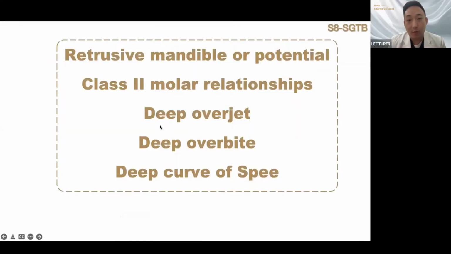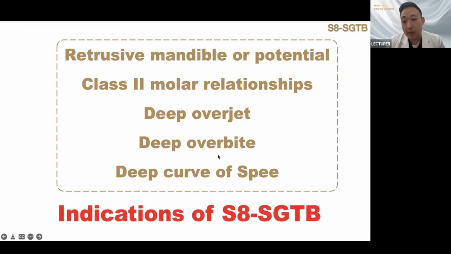This kind of type has the retrusive mandible potential and the class 2 molar relationship, also with three depth problems. We call them the deep overjet, deep overbite, and deep curve of Spee. This is the indication of S8 SGTB. If in your clinical work you found the patient has the three depths, that's always the indication for it.